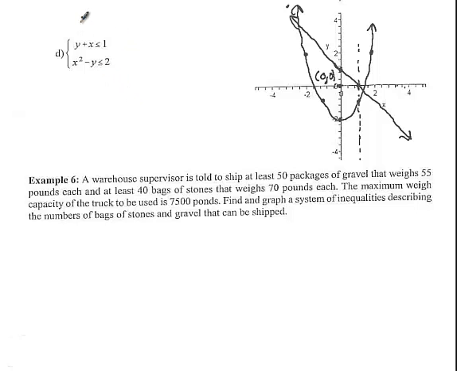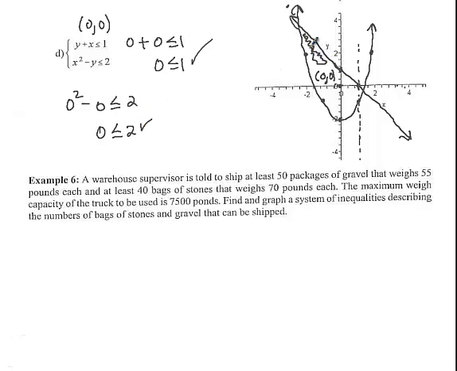So if I test 0, 0 for each of these inequalities, I have 0 plus 0 less than or equal to 1. That is true. Check. And now what about 0 squared minus 0? Is that less than 2? 0 squared is 0, minus 0, we still get 0. That is true. And so I must have to shade this inner region.